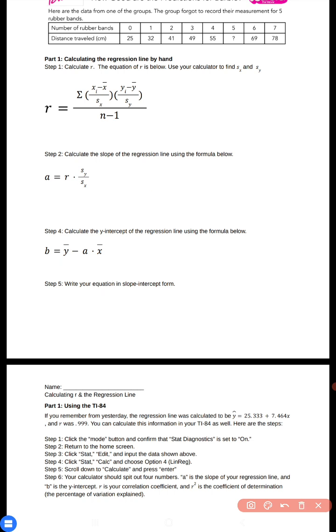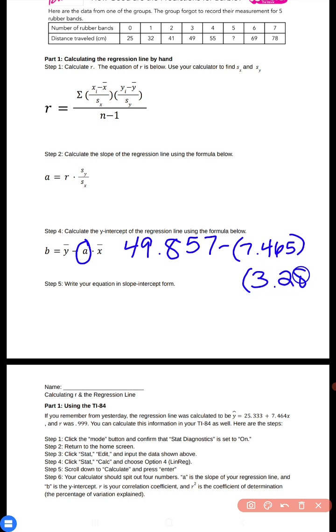Okay, so the mean for y was 49.857 minus, this is the slope that we just got a minute ago. If I'm not mistaken, I believe that was 7.465. And then times the mean for x, which is 3.286.